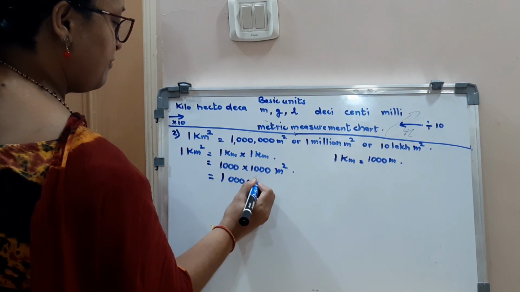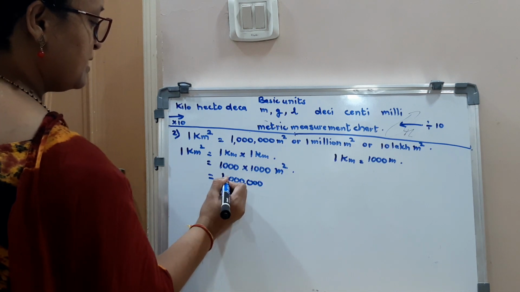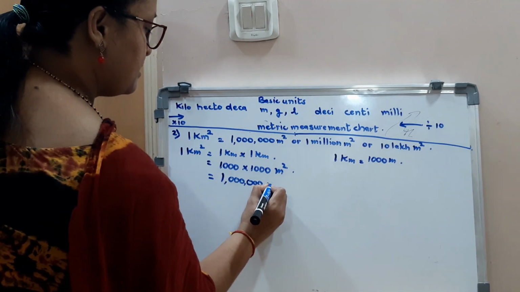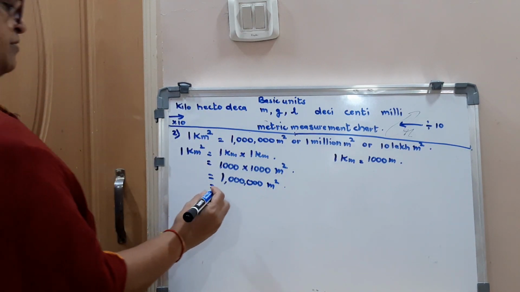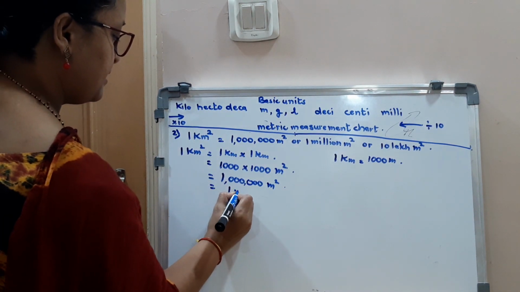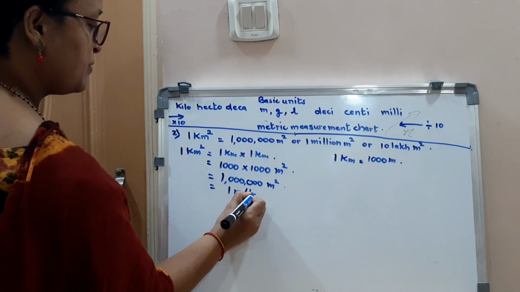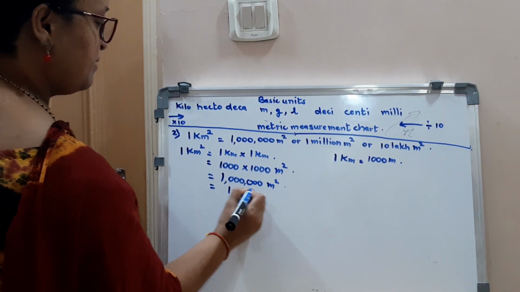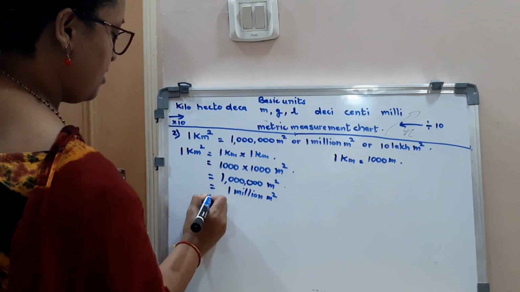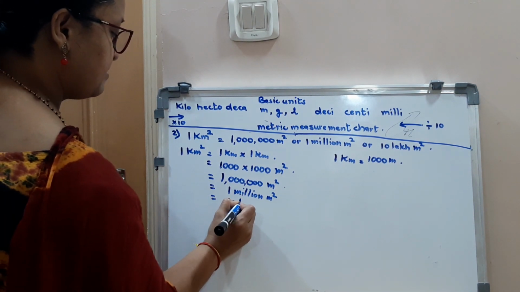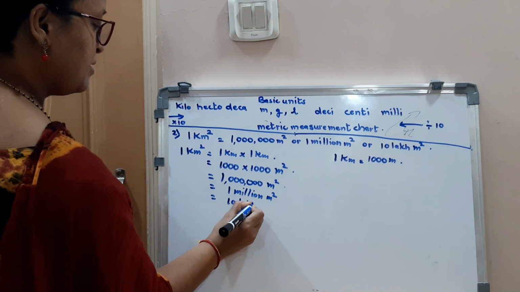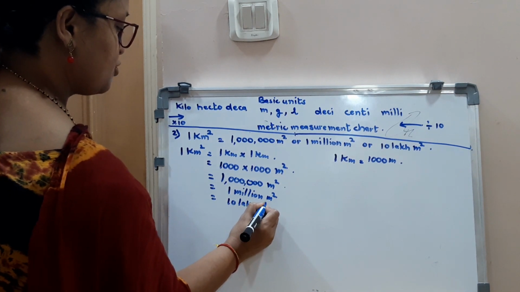So this in international place value system is 1 million meter square, and in Indian place value system it is 10 lakh meter square.